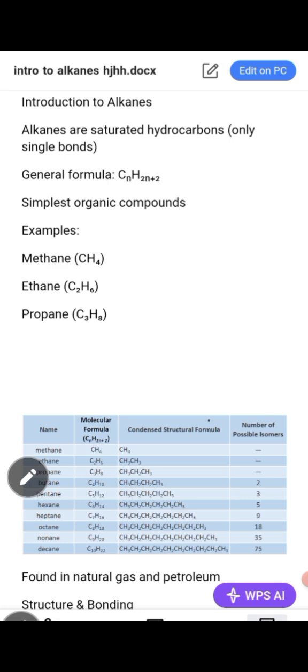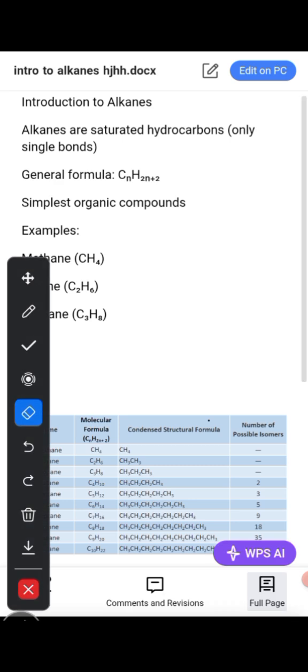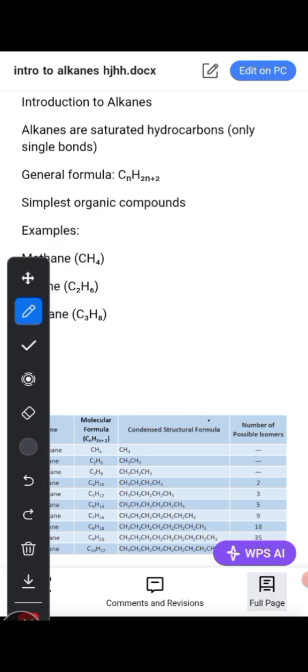Now that we know what organic chemistry is, what are alkanes? Alkanes are saturated hydrocarbons. They are saturated in that they only have single bonds in their structure. Let's look at an example: methane. Methane has a single bond in its structure.